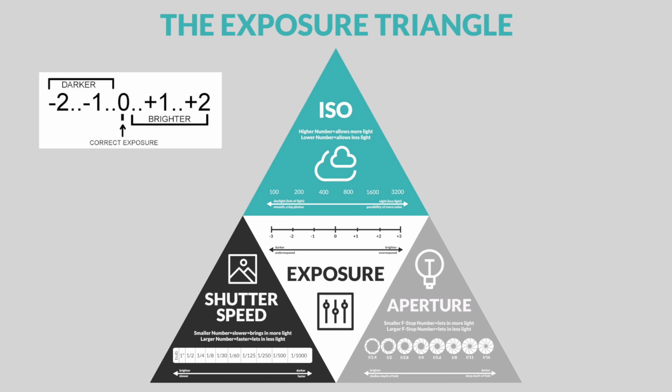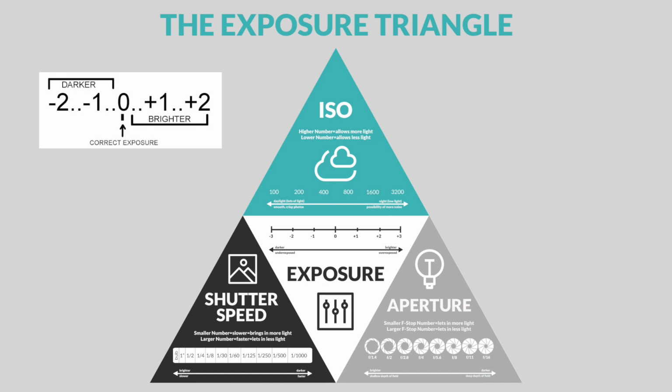There will be smaller lines in the middle of each number, and those are third of a stops. You will see a moving line that fluctuates across the bar. Now the ideal exposure is to get the moving bar to sit on 0. So we've already set our ISO to 200 and we've set our aperture to f2.8.